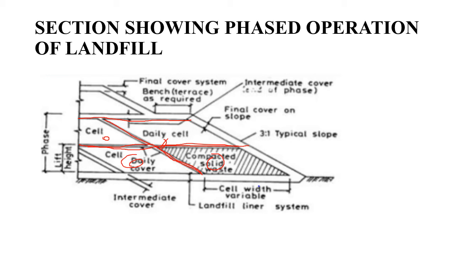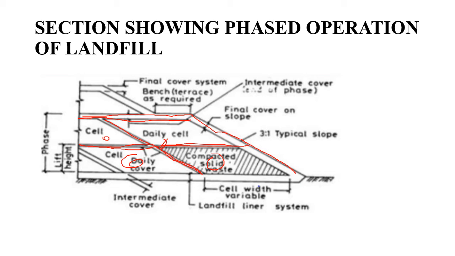See here, this portion is marked as intermediate cover. That means you have reached the end of the phase, that is, you have stopped constructing for that particular phase or sub area.